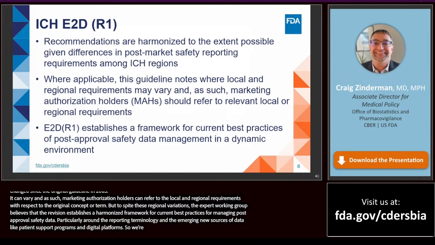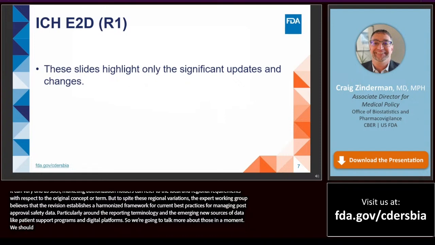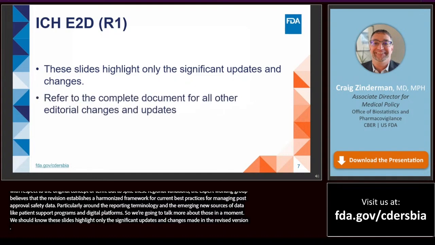We're going to talk more about those in a moment. We should note that these slides highlight only the significant updates and changes made in the revised version, the R1 version, and that you should refer to the complete document for all other editorial changes and updates.